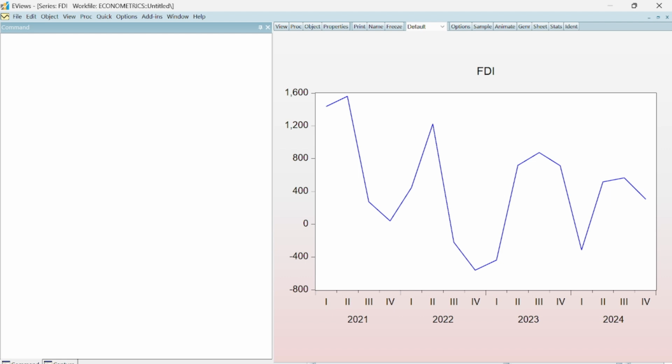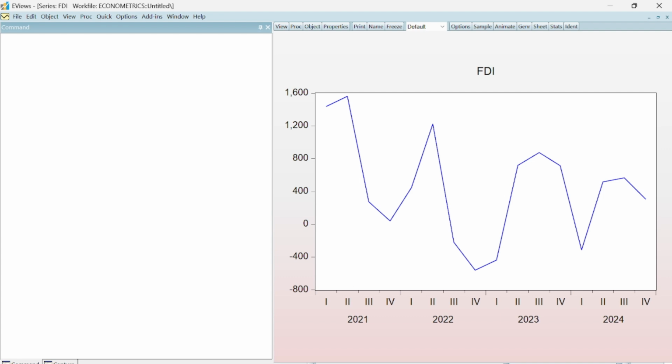You still see that FDI has been declining slowly, so it's downward sloping. Our foreign direct investment has not yet gotten to where it was after 2021 Q1. It seems that FDI is still dropping despite the revival from COVID.